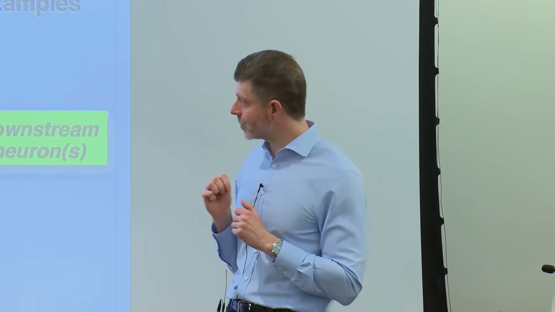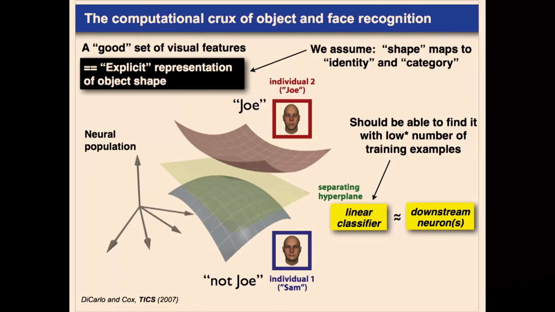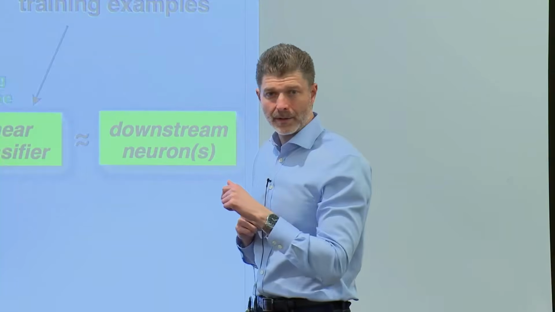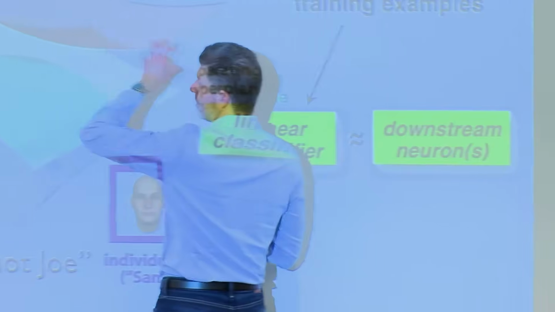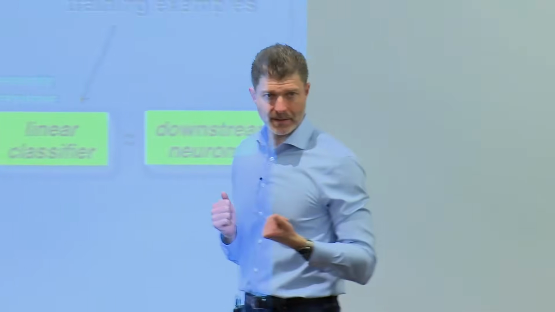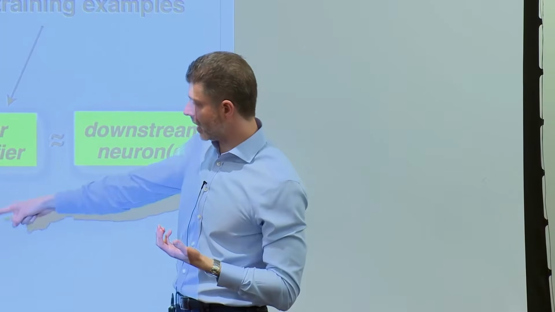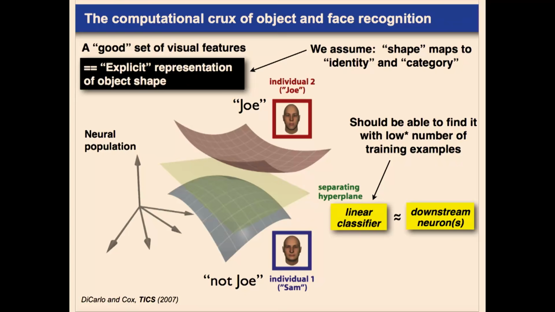And so this property is going to be that when you look at all of the images corresponding to one particular type of object, in this case Joe, okay, they're going to reside in one part of this high-dimensional space, whereas the images of some other kind of object, Sam, will be in another part of the space. And we will evaluate whether the manifold for Joe and the manifold for Sam are really separate by testing whether we can separate them with a plane, or a hyperplane in this case, because it's a high-dimensional space. Okay?